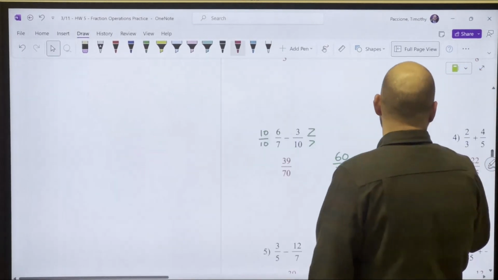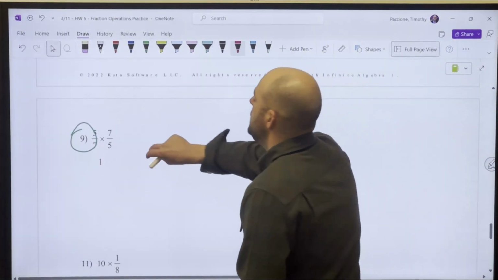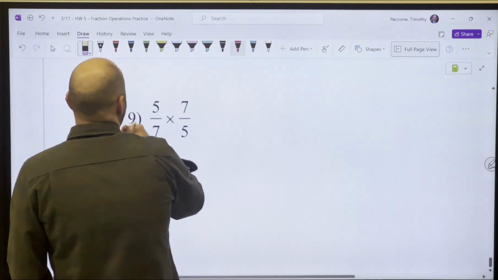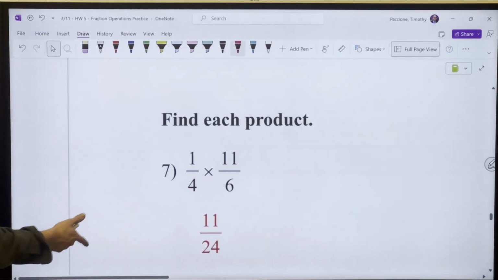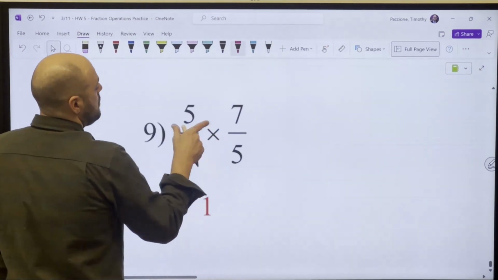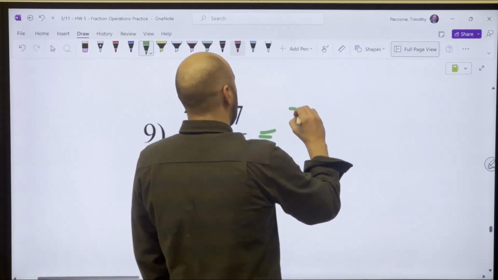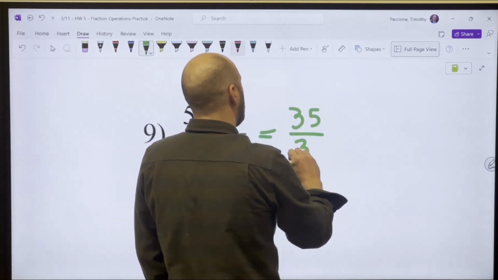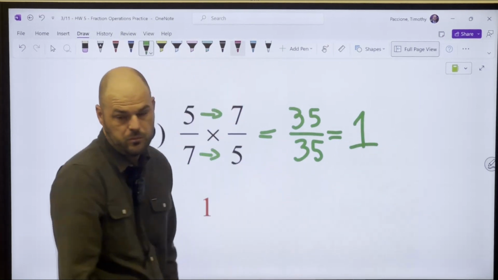All right, next one was 9. Okay, so remember with fractions, when we multiply, we just multiply across, right? Straight across. So 5 times 7, 7 times 5. That's 35 over 35. Anything divided by itself is just 1.